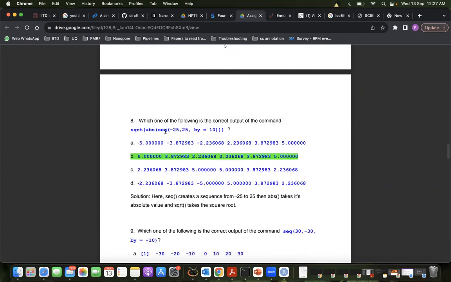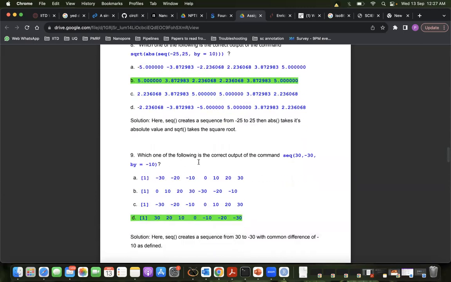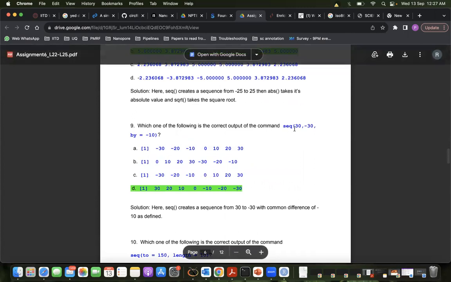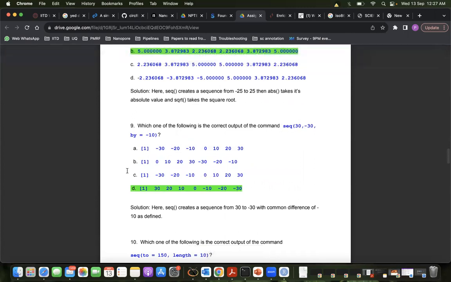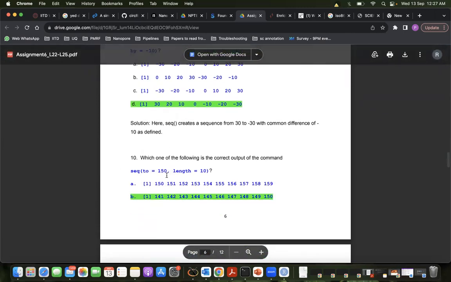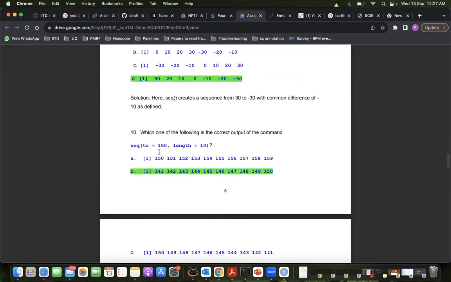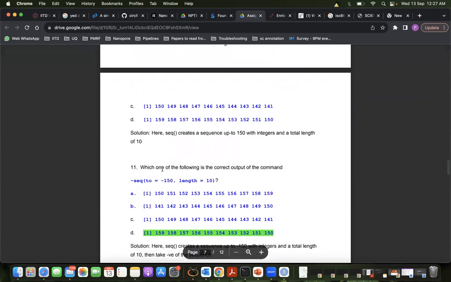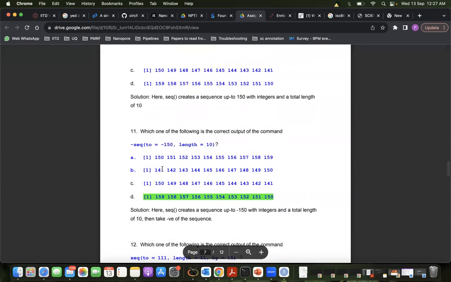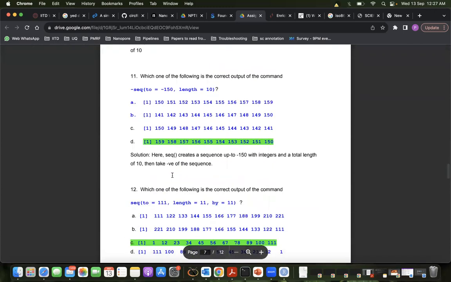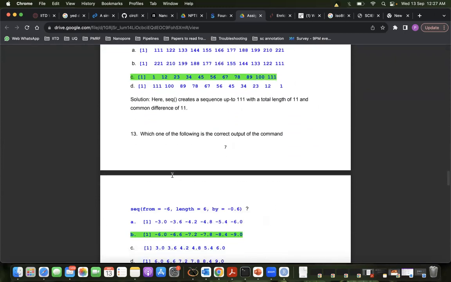Again, you're finding the sequence from to by, that jump, and you're finding the absolute of it, and then you're finding the square root of that number. Again, from to by, that's simple. Again, this is also what we have seen now. This is also simple, this one.